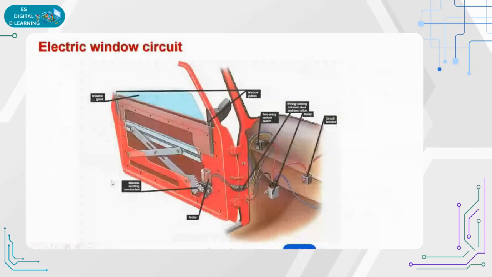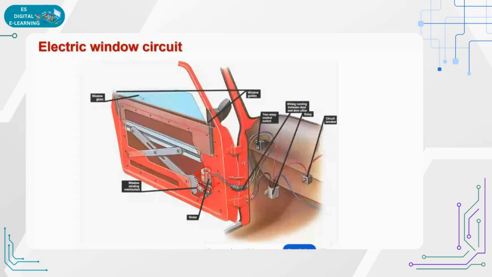And how is this window attached? What is the backend information? Usually, to operate the window glass, we have a mechanism at the bottom. The motor is there, and the motor makes clockwise and anti-clockwise rotation.